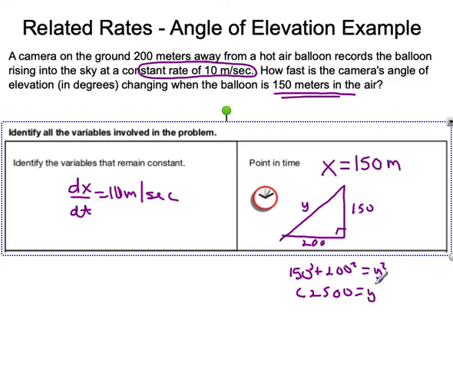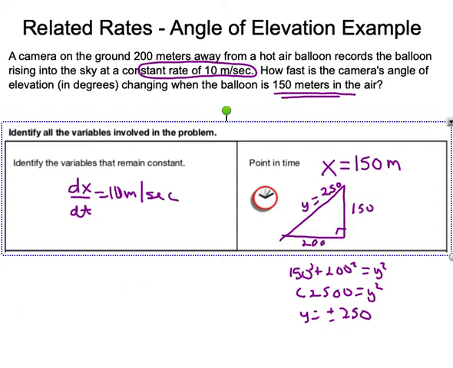So that gives me that y is equal to plus or minus 250, but in this case the negative 250 doesn't make sense. So we can know that at this particular point in time that y is going to be 250. Okay, that's just going to come in helpful to us down the road. So it's a calculation that we'll need later in the problem.